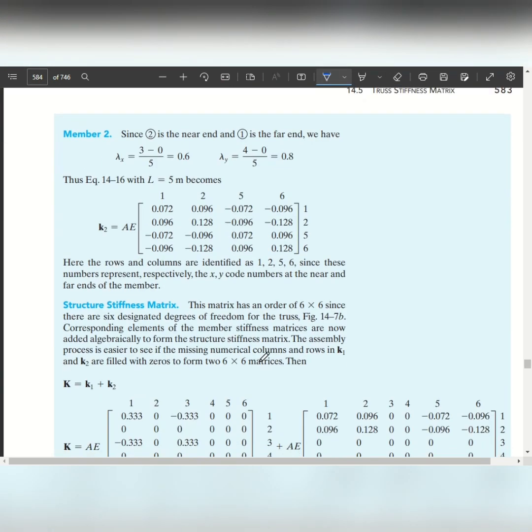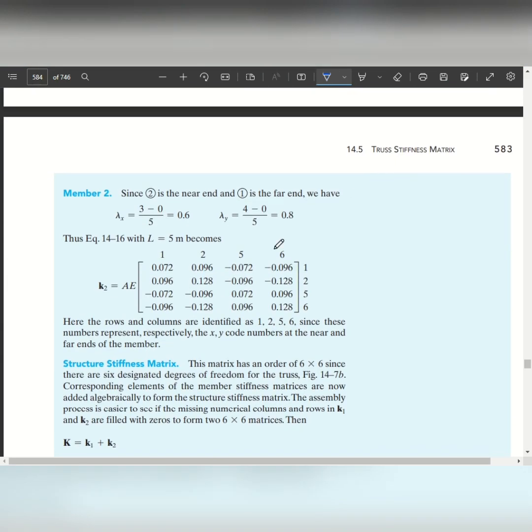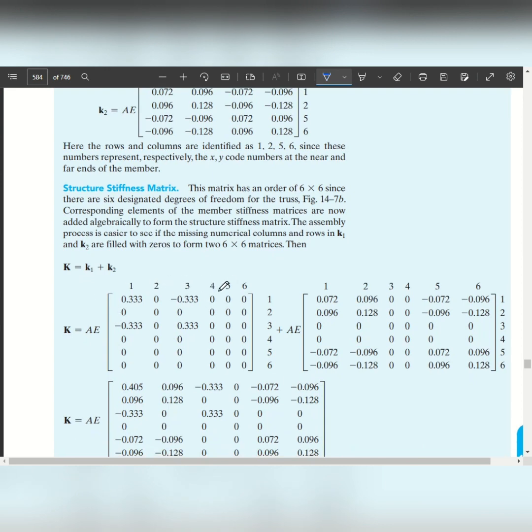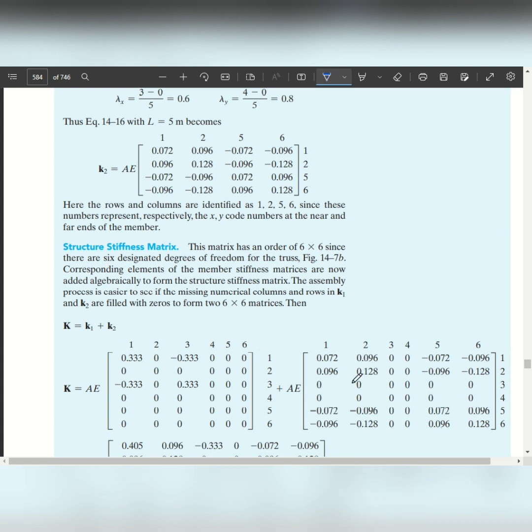We put the K1 values in rows and columns 1, 2, 3 and 4, and the remaining entries are 0 because we don't have 5 and 6. For K2, we put it in columns 1 and 2, there is no third column so we put 0, likewise the fourth, and then the 5 and 6 values. Wherever there is no number, we simply put 0.